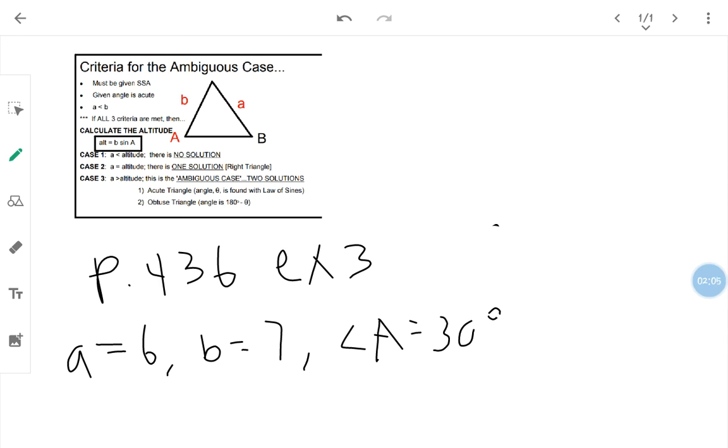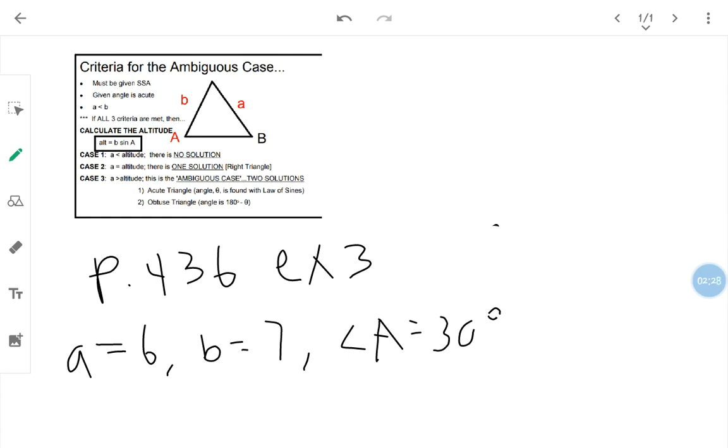Yes, according to the picture in figure 5.19, we have 2 sides and an angle not between them, so SSA is satisfied. The given angle 30 degrees is acute, so it is satisfied. And a is shorter than b: 6 is smaller than 7, so it is satisfied.